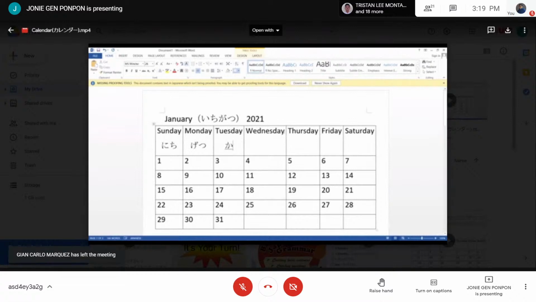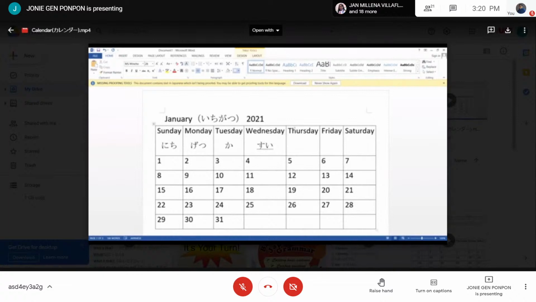For Wednesday, the word before yobi is sui. The spelling is sui, but the pronunciation is different. Sui plus yobi, suiyobi, is Wednesday.